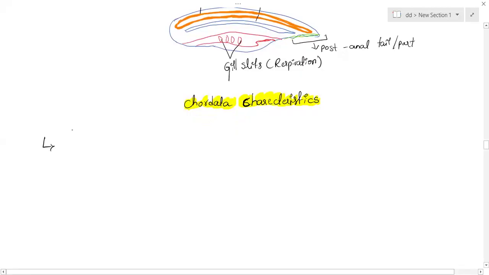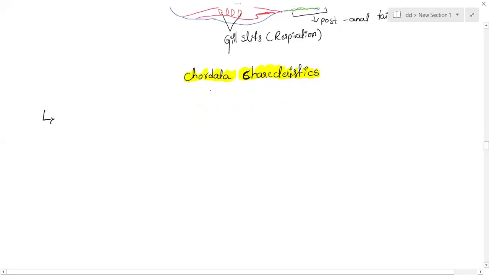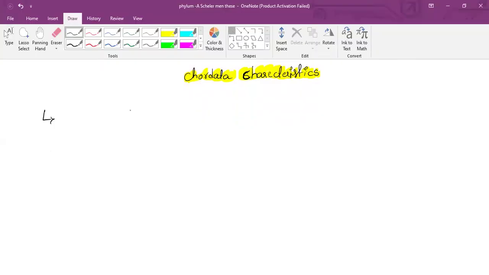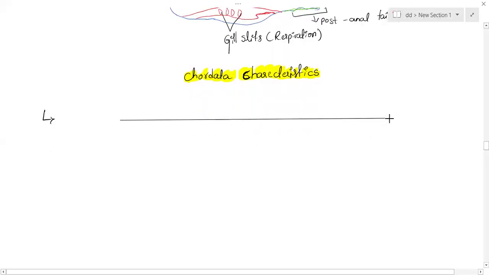This phylum Chordata is divided into three subphyla: Urochordata, or tunicates, Cephalochordata, and Vertebrata.